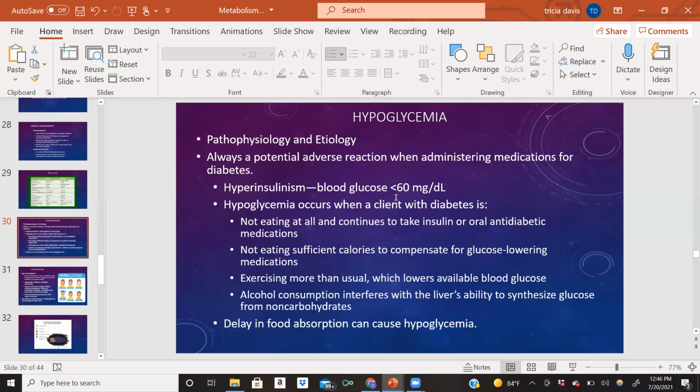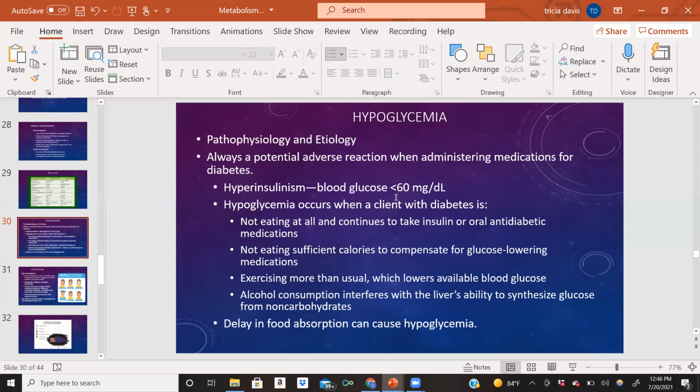We would see blood glucose levels less than 60. Your book talks about blood glucose levels less than 60. In my facility, it's less than 70. So ultimately, wherever you work, you're just going to follow your facility's policies.